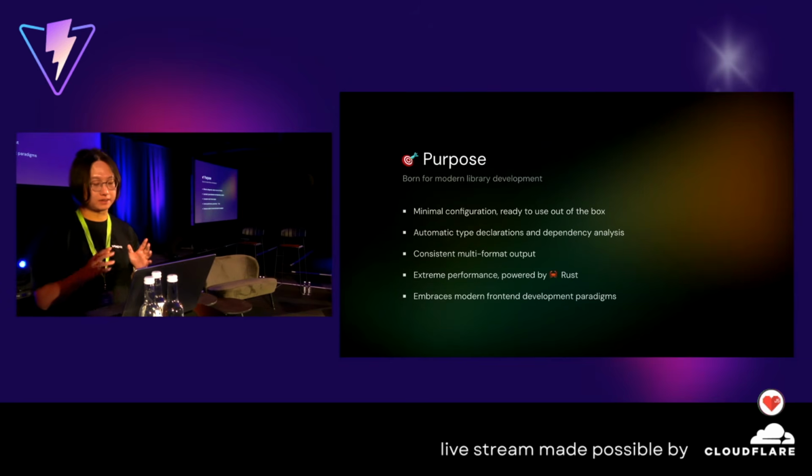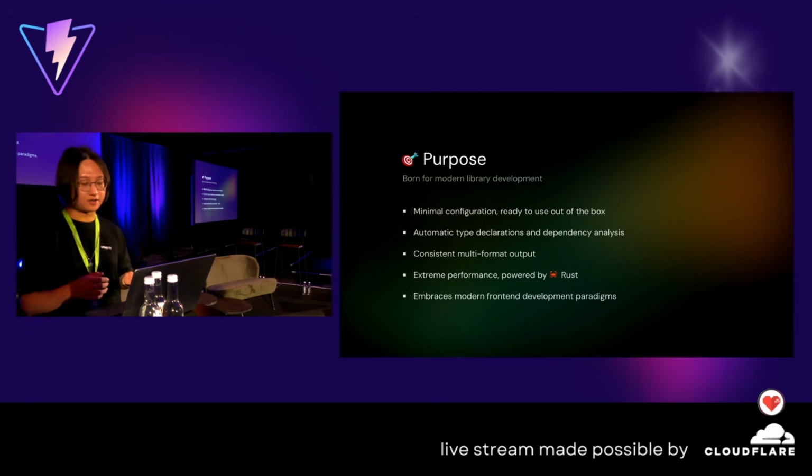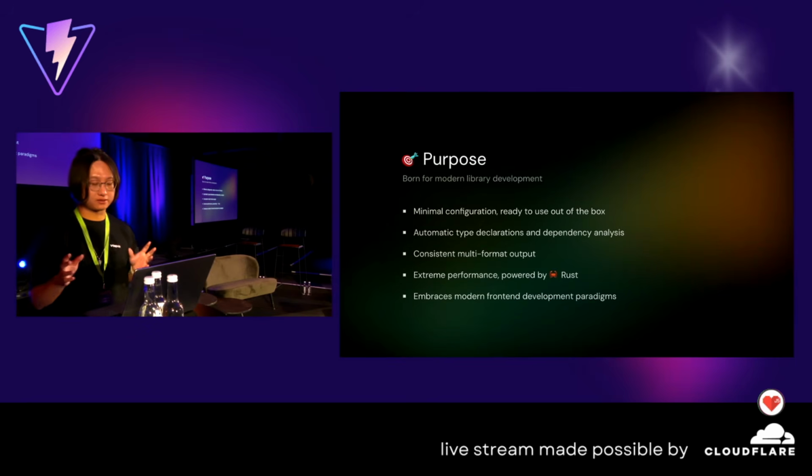And you get multiple format output with a consistent experience. No need to write separate configs for different formats, such as ESM, right? And performance is top notch, powered by the super great Rolldown engine, which is written in Rust. So it's incredibly fast.